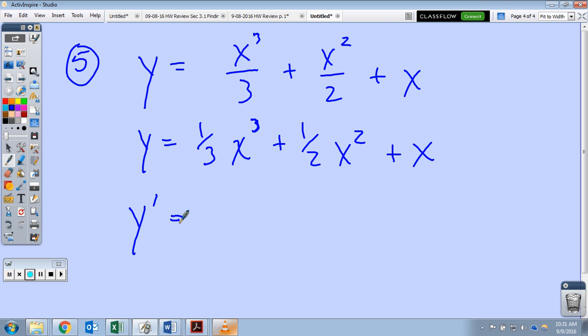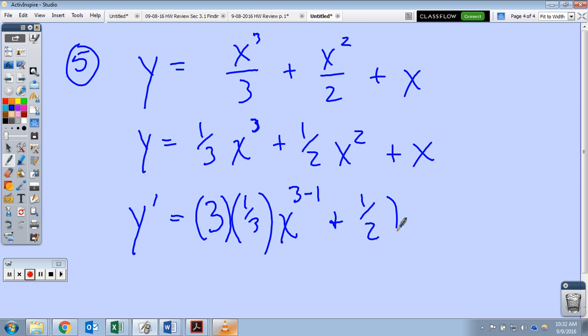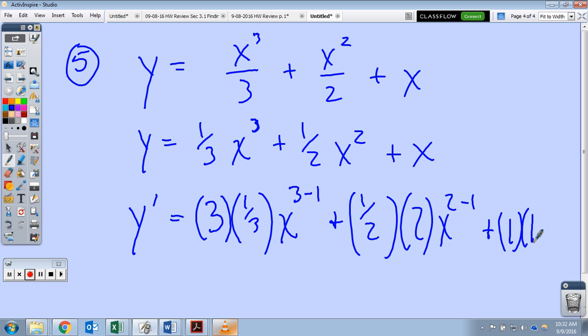So the same process here, 3 times the 1/3. Drop this down 1. Bringing the 2 to the front, dropping this down 1, plus bringing the 1 to the front, dropping this down 1.